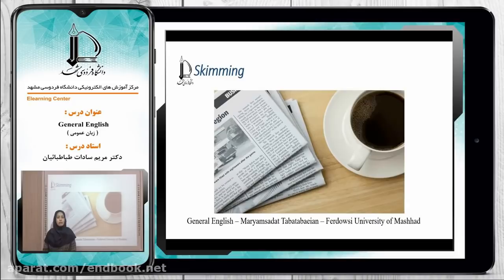We usually do not read newspapers in every detail. We don't pay a lot of attention to all words. We usually read them very quickly to understand what happened. So, that is skimming. Skimming is reading a text very quickly to get a general idea.